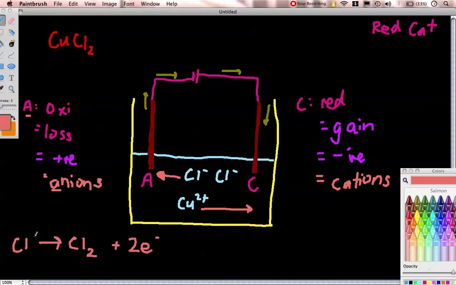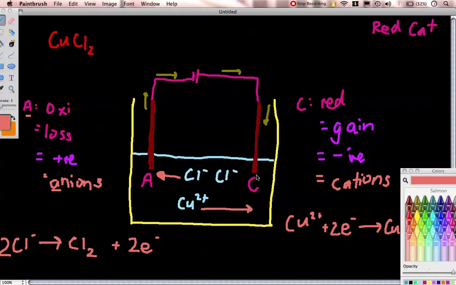Because that is the reaction for the oxidation of the chloride ions. And similarly, the copper is attracted to the cathode and undergoes reduction. So it gains 2 electrons to form the copper metal, and it's going to be solid.